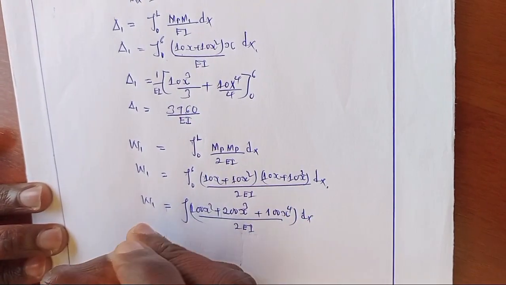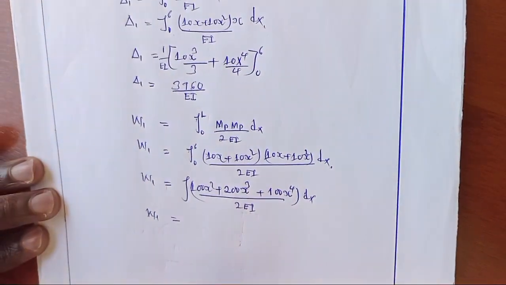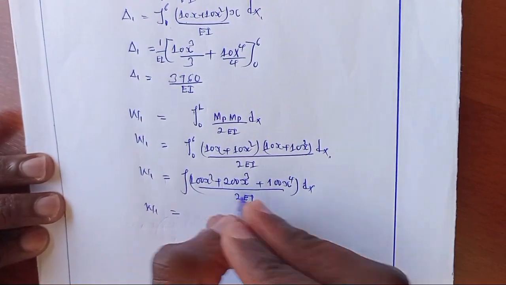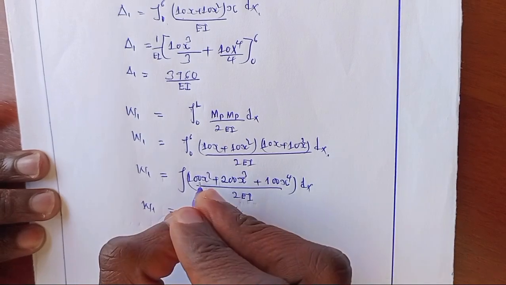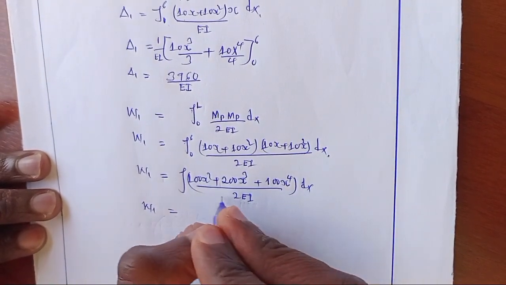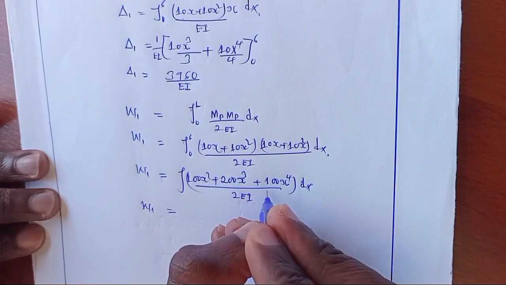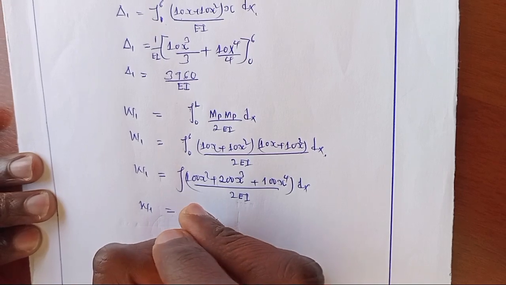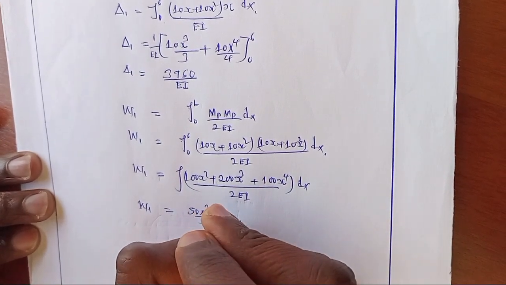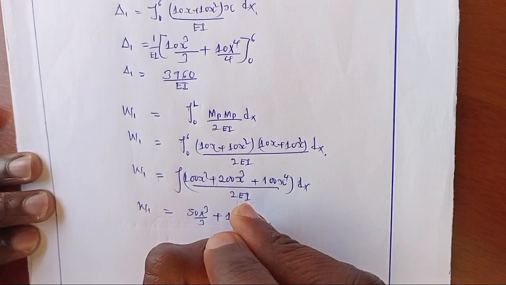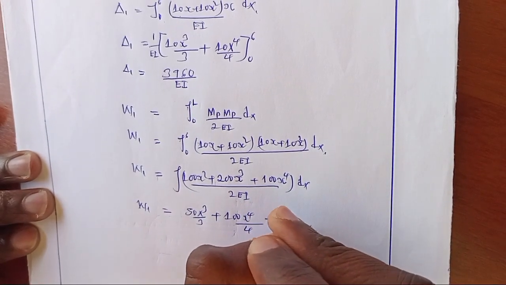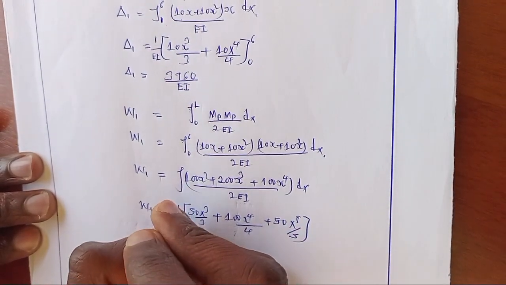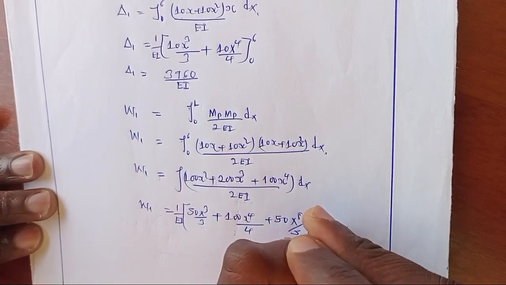When we integrate this, simplifying by 2, it will be 50x cube over 3 plus 100x power 4 over 4 plus 50x power 5 over 5, over 1EI, from 0 to 6.